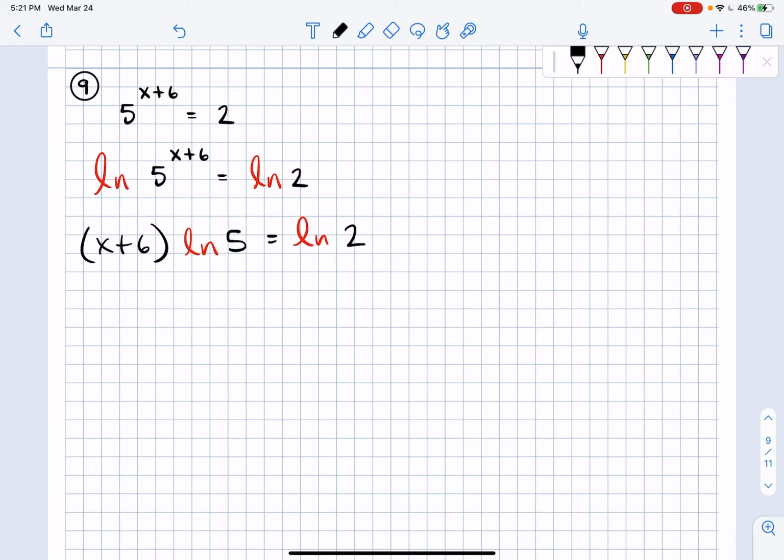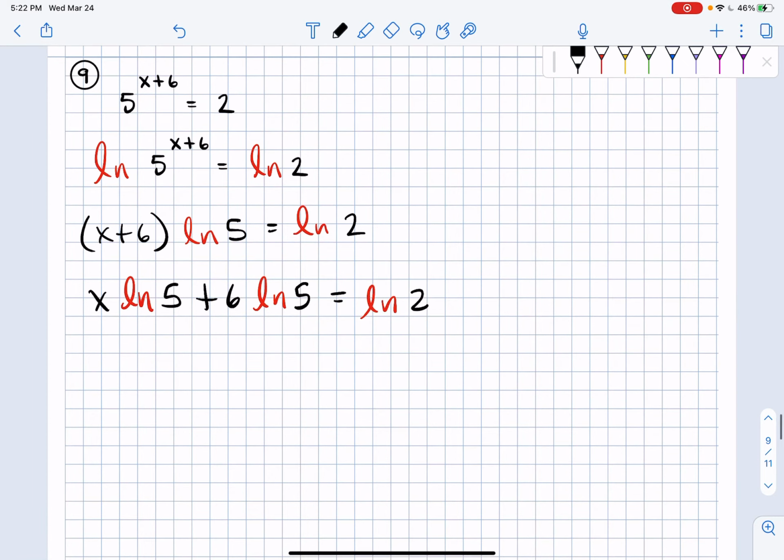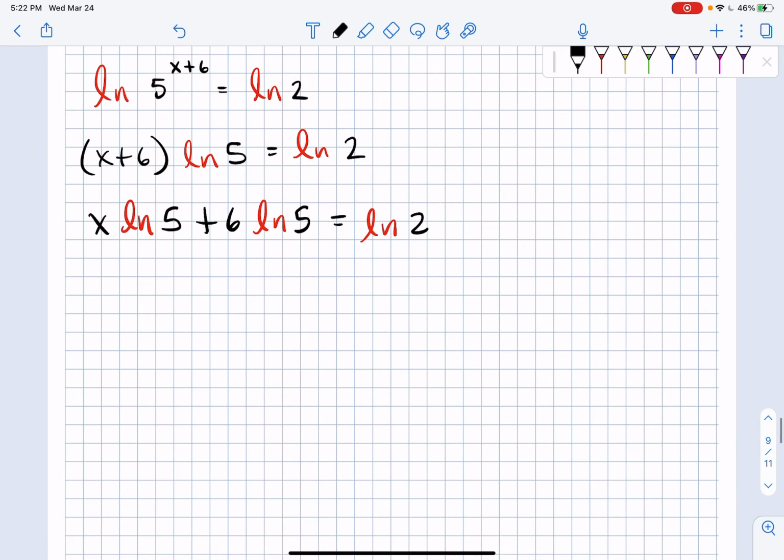So I'm going to have x ln of 5 plus 6 ln of 5 is equal to ln of 2. All right, to get x by itself, I got to subtract that 6 ln of 5.